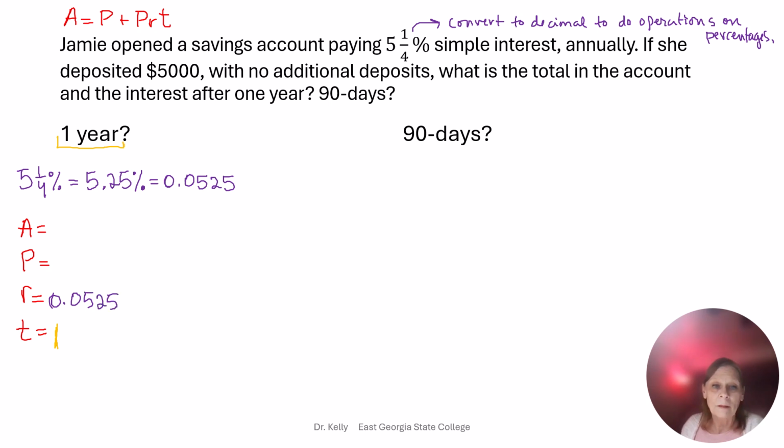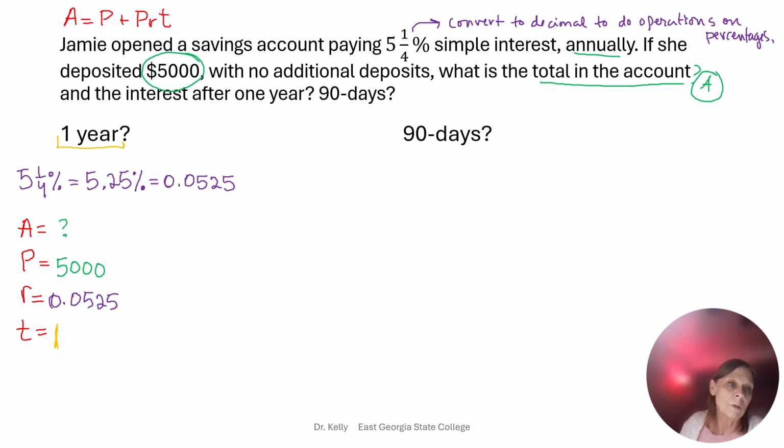Okay, let's keep on going and see what else we can figure out. Annually, all right. If she deposited $5,000, so there we go, $5,000 is our P, with no additional deposits, what is the total in the account? That is A. That's what we're looking for.